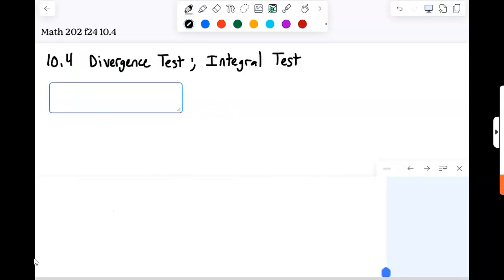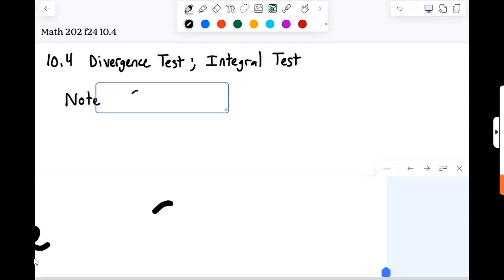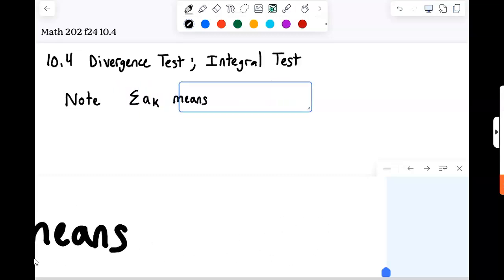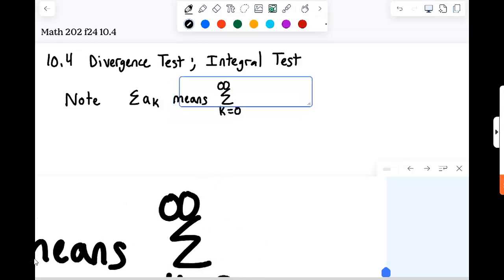Now before we get into the actual divergence test, we're going to make a little notation note. When we write the sum of a_k, what we mean is an actual infinite series. We use this as a shorthand. This would be the sum as k goes from 0, or whatever starting value it needs to start at.